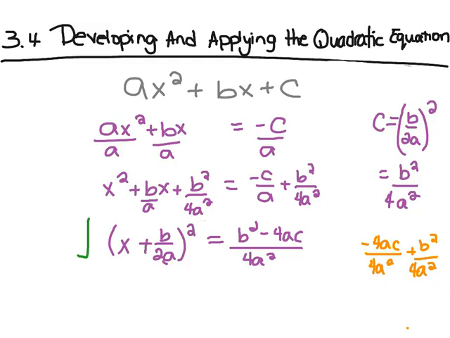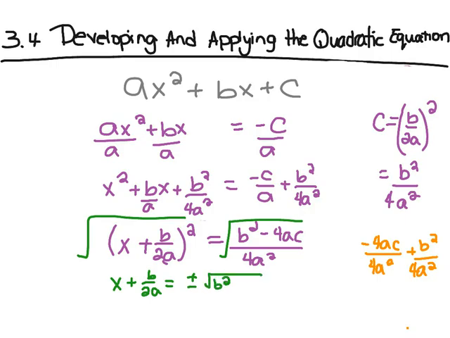Now we're going to take the square root of both sides. So we have x plus b over 2a equals plus or minus the square root of b squared minus 4ac over the square root of 4a squared. And the square root of 4a squared is the same as 2a, right?